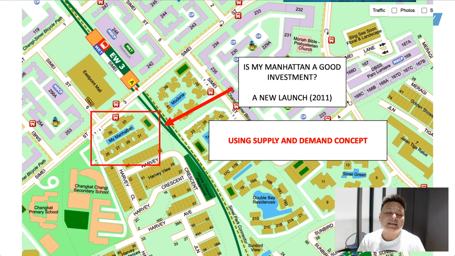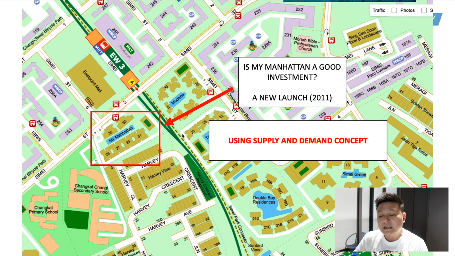My Manhattan is a project just beside Simei MRT and also East Point Mall. It was a new launch in 2011. So if we go back in history to 2011, we can use this supply and demand concept to determine whether My Manhattan is actually a good investment to buy.